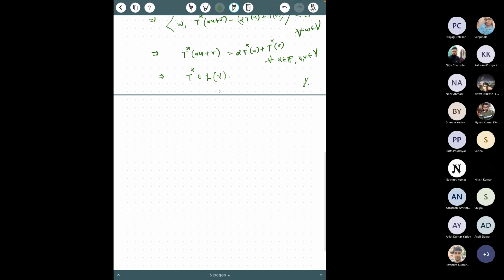So basically, we know the adjoint for a matrix, that means the complex conjugate transpose, and now we also have an adjoint for linear operators.